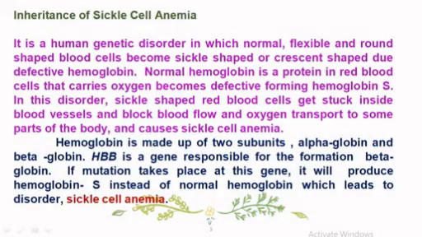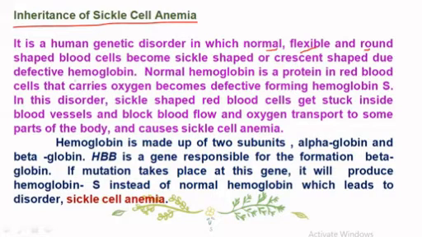Now the next example we will discuss is seen in human beings: sickle cell anemia. This is a human genetic disorder in which normal, flexible and round shaped blood cells become sickle shaped or crescent shaped due to defective hemoglobin.